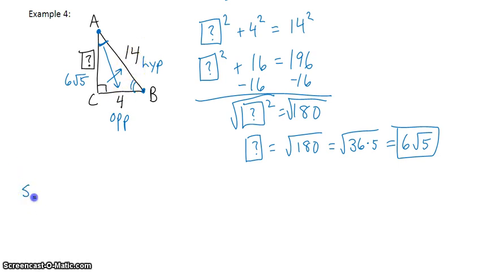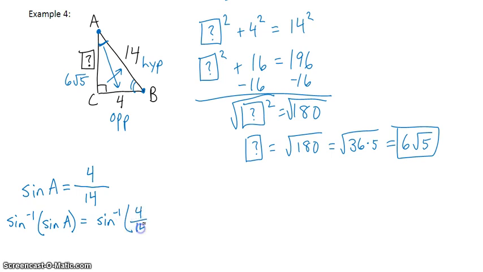So I'm going to take the sine of A equals opposite over hypotenuse. Now I need to solve for A. If you notice, A is being signed. I need to inverse sine both sides of my equation. Sine inverse and sine undo each other.